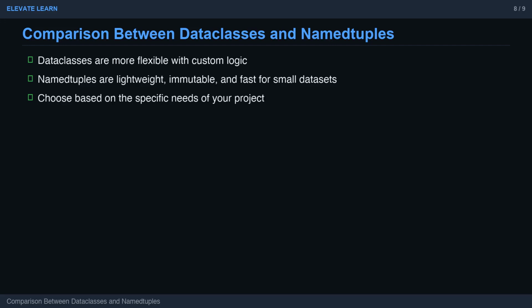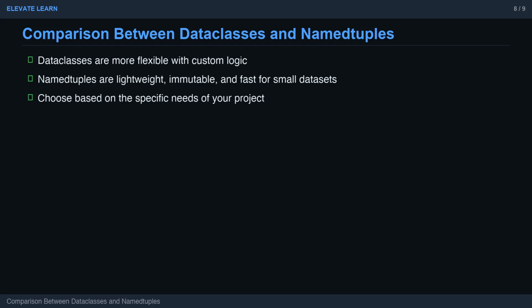Welcome to this tutorial on comparing data classes and namedtuples in Python. Let's dive right in. Data classes are quite flexible. They allow you to define custom logic, making them perfect for complex objects where you might need to do something special when an object is created or updated. For example, if you're working with a customer class that needs to validate data on creation, a data class would be your go-to choice.